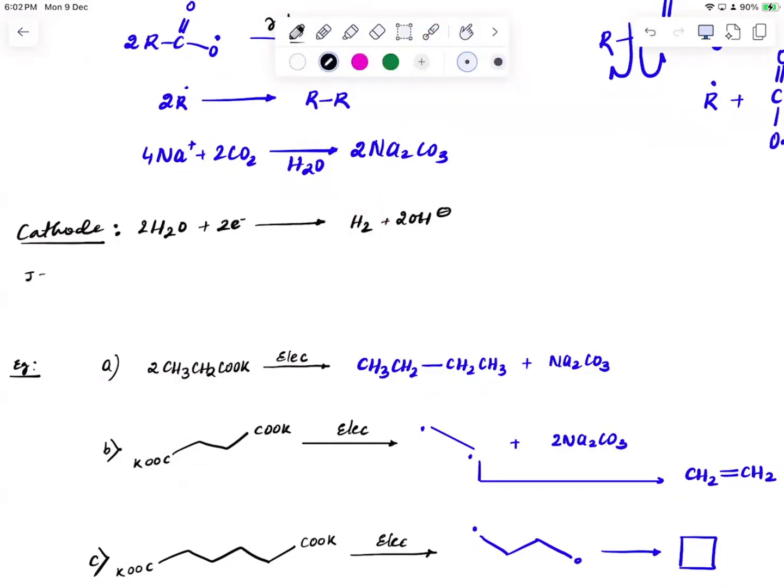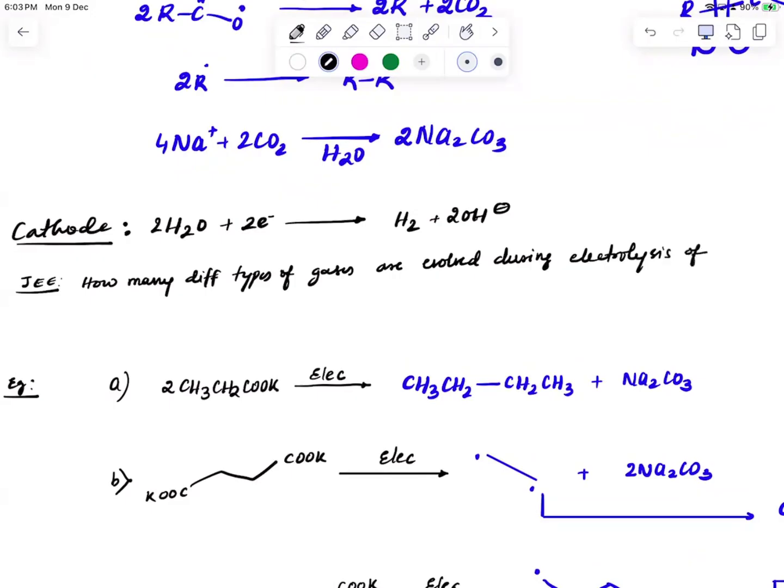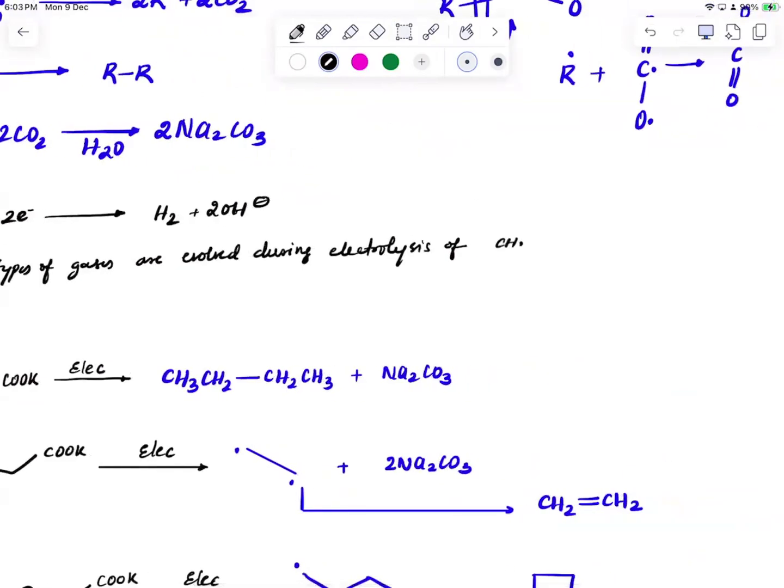Now again, see the JEE question, how it is being asked. How many different types of gases are evolved during electrolysis of CH3CH2COO minus Na plus?